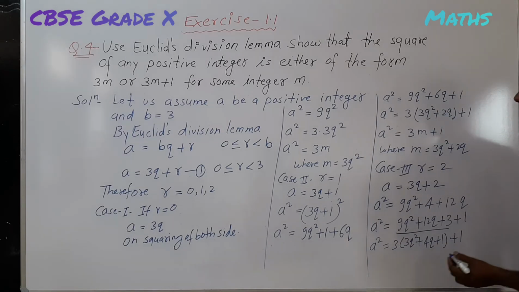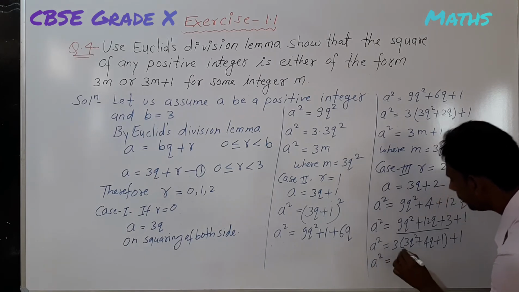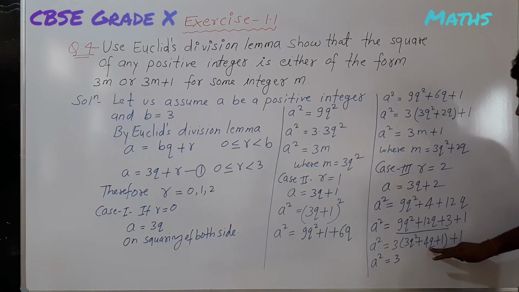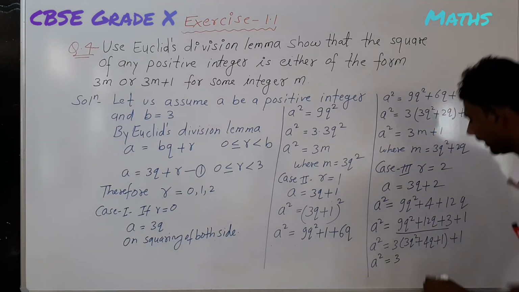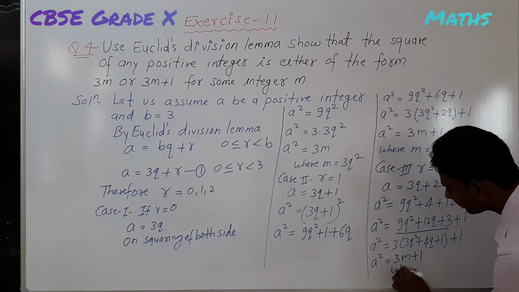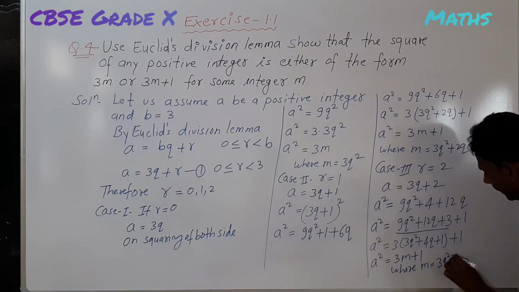Now a square is equal to 3 into 3q square plus 4q plus 1, replaced by m, 3m plus 1, where m equal to 3q square plus 4q plus 1.